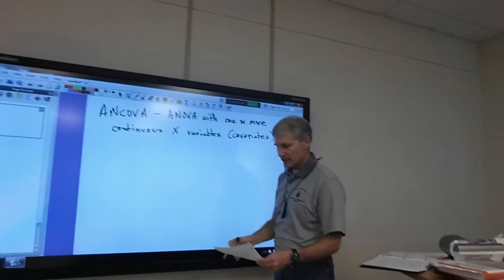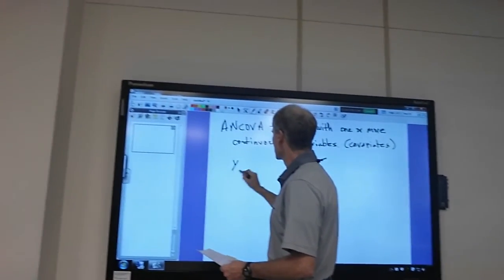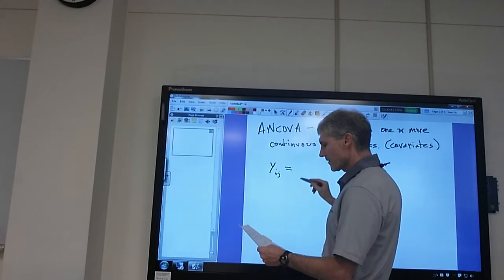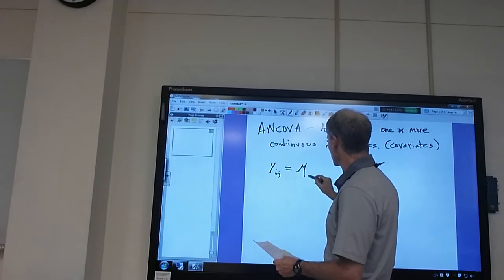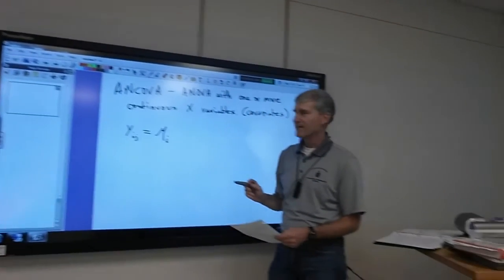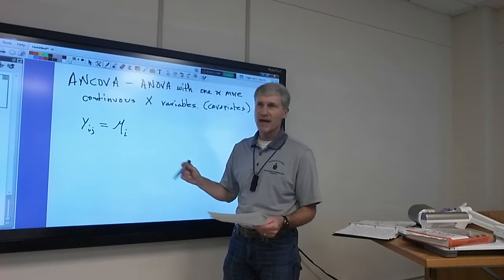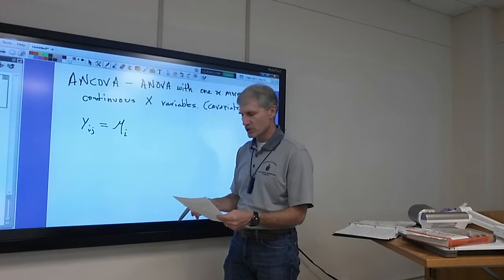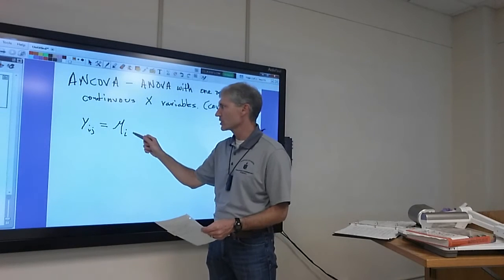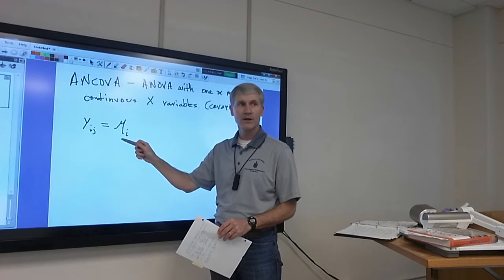Okay? So in an analysis of covariance model, there's two ways to display the model, and this is called the cell means method. It doesn't matter which method you use, so I'm only going to show you this one. But this is the way the book also shows the model for ANCOVA.